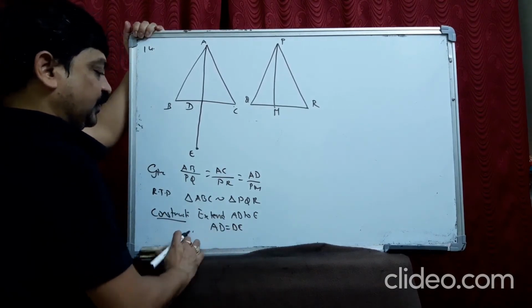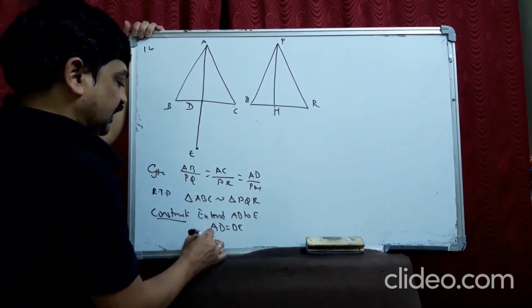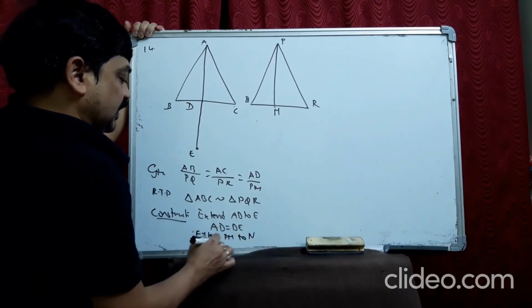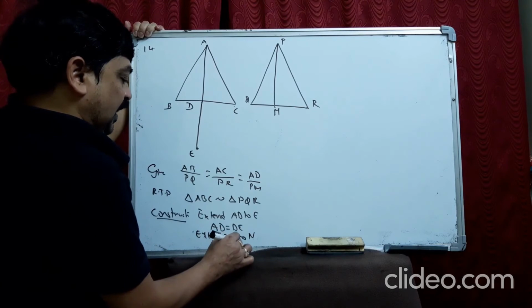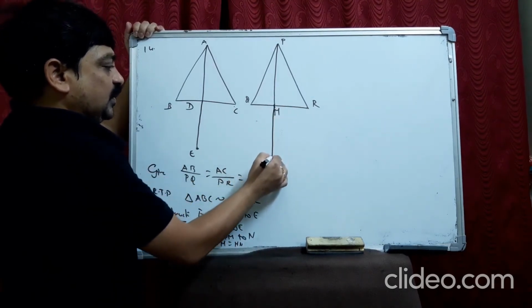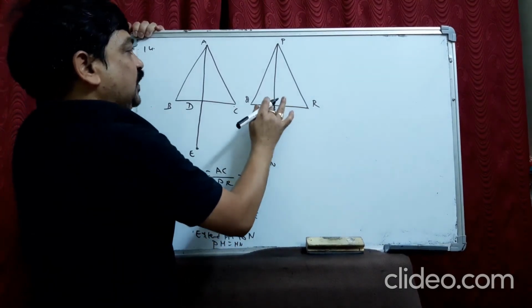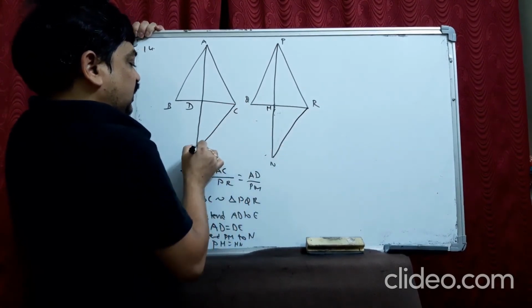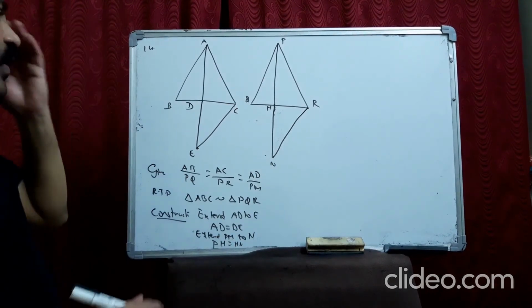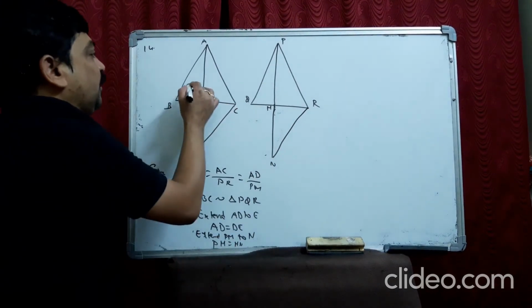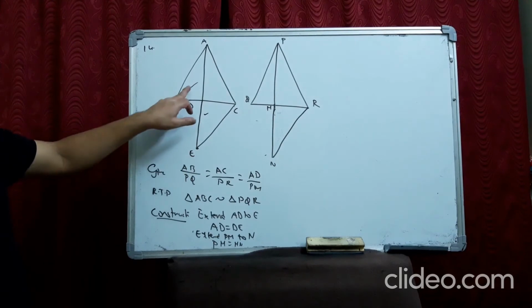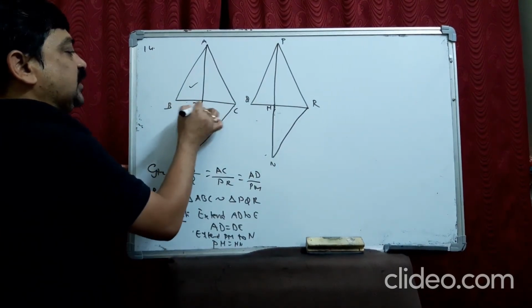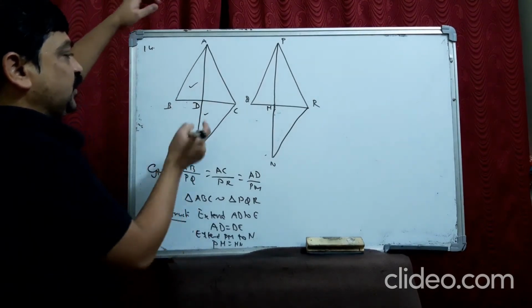Also extend PM to N such that PM is equal to MN. Here also, this is N, MN. These two are equal. And join CE and RN. Okay, we have joined these two. Now when you compare these two triangles, what is happening here? D is the midpoint here.